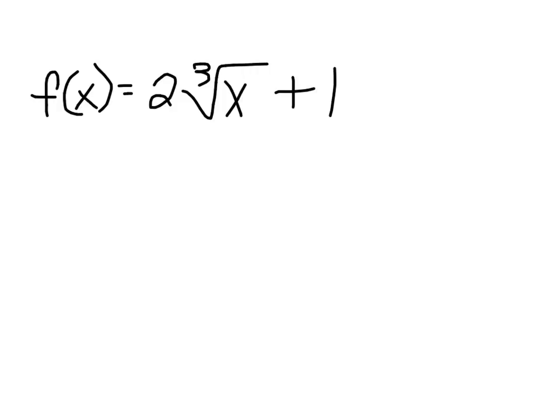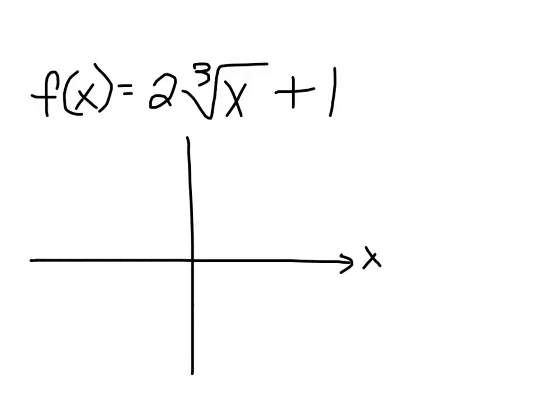How are you going to graph? Stick it in your calculator. Right. How do you get cube root on your calculator? Math button. Option 4 or 5, depending on if you want to put the 3 in the crack yourself.